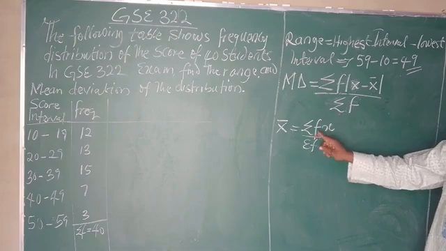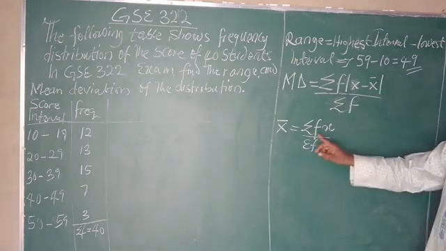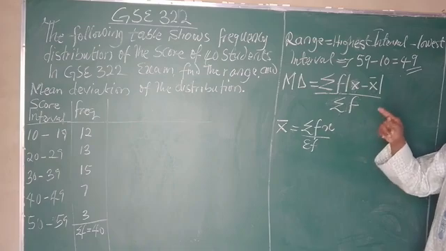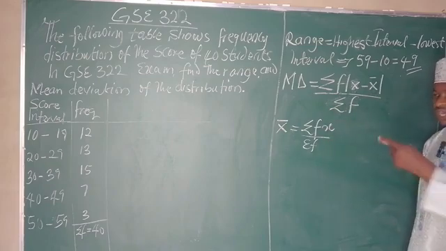That is the value of f of each row times the value of x of each row. As we keep saying, we don't have the column for x, so we have to go and find it.